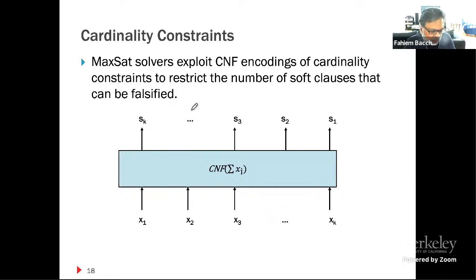The second thing that we're going to use a lot is cardinality constraints. And a lot of work has been done in this area, which is the question of how do you encode a summation over some input literals. And different techniques have been developed for doing that. So you have a CNF, which is over these input variables and over these output variables, these Sk.